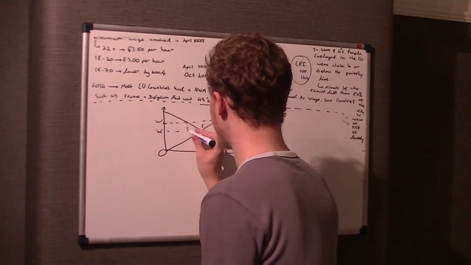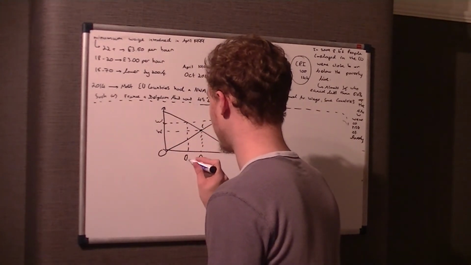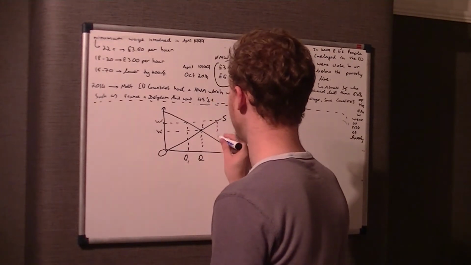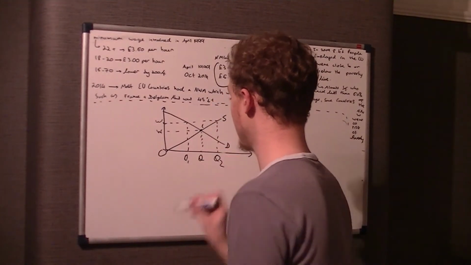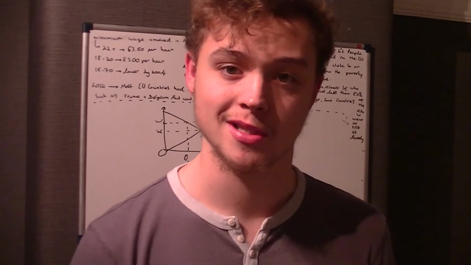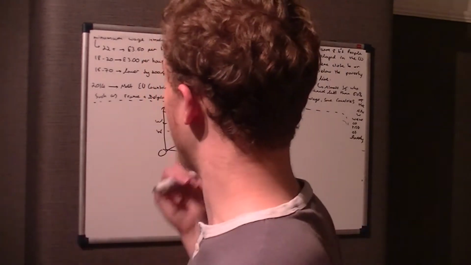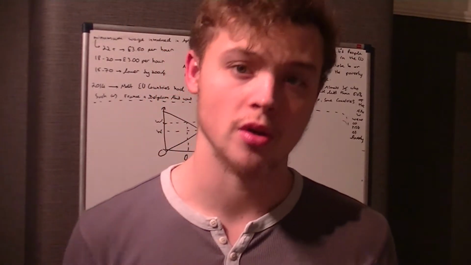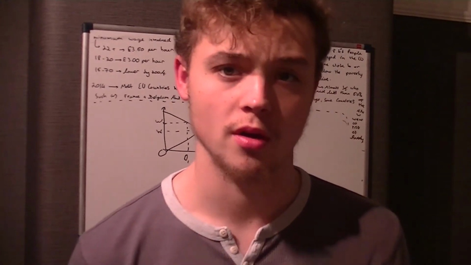W1. So, we've got a low level of demand at Q1, and we've got a higher level of supply at Q2. With this higher wage rate, it's obviously costing the employers more to hire someone, so they don't want to hire as much. However, the workers are being paid more to work, so surely more people are going to want to work, excluding the effects of the income and substitution effect, we're not complicating matters with that.